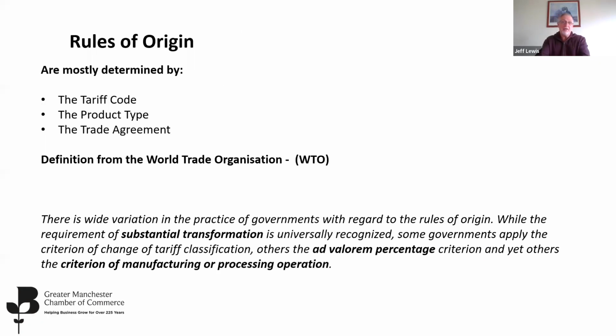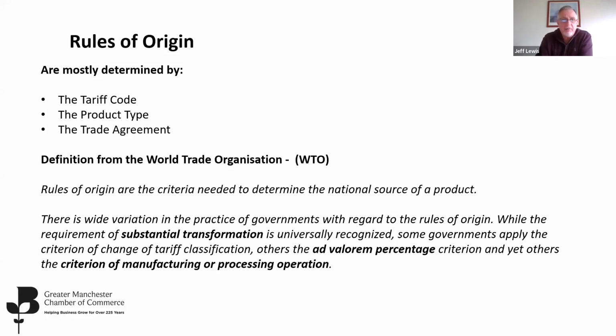So, what determines the rules of origin? Okay, the tariff code, the product type, and the individual trade agreement. So we need to have access to those to make sure we are compliant. Obviously, as I've mentioned before, you need to make sure your tariff code is correct.